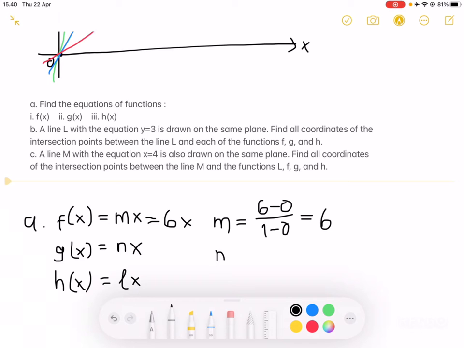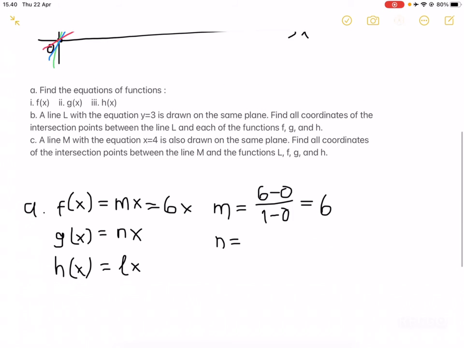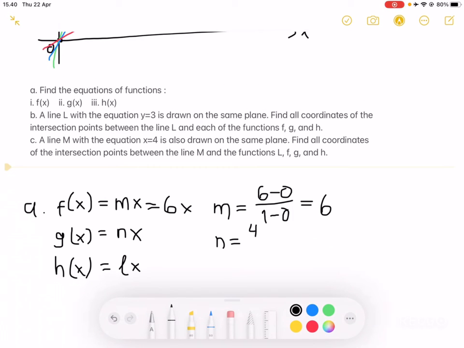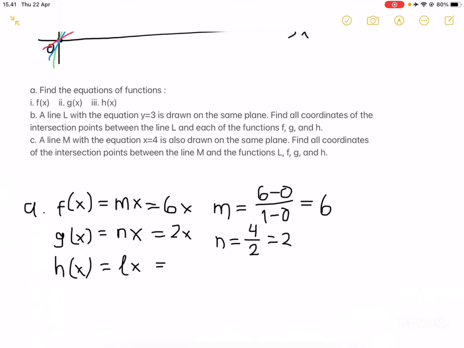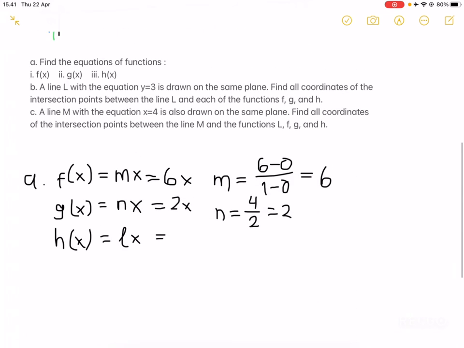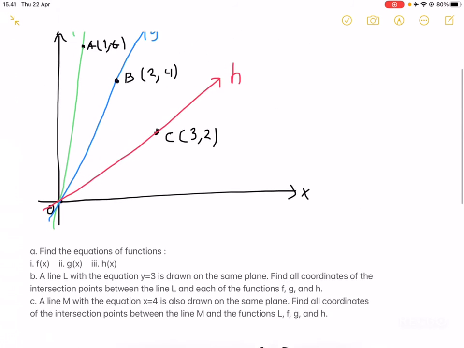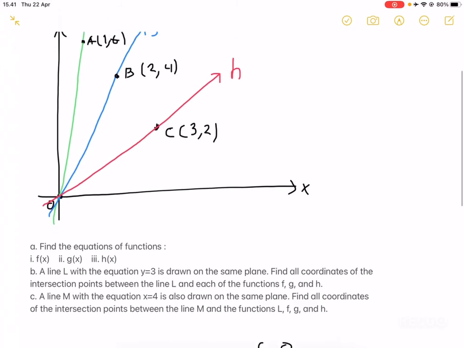The gradient for g of x is equal to the displacement in the y-axis, which will be 4 over 2, which will be 2. So this is defined as 2x. While on the other hand, the slope for the graph h of x is equal to, let's see, 2 over 3.